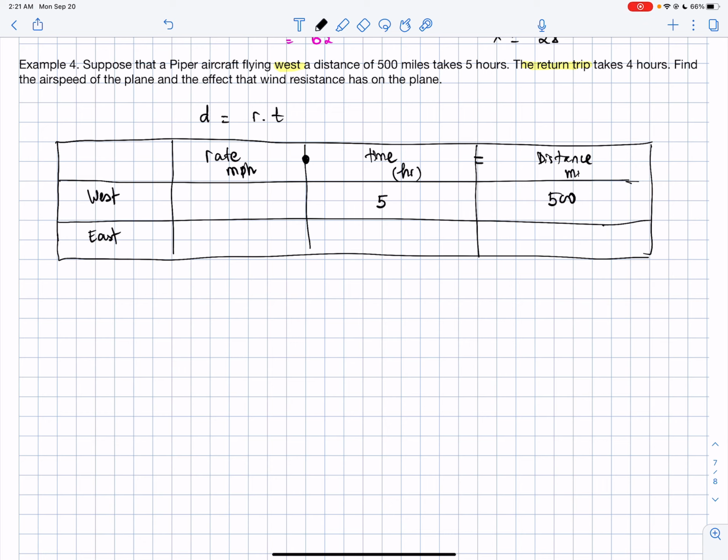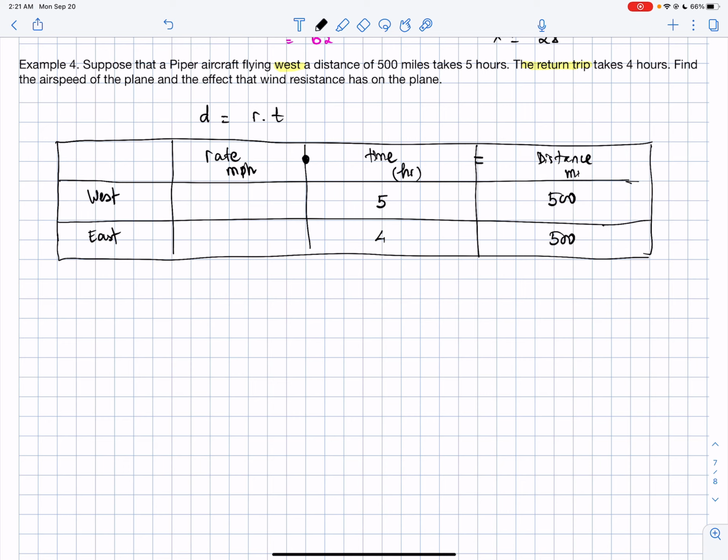And the return trip takes 4 hours. When we go to a place and then return, the distance will be the same. So if it's 500 miles to get there, when we return it will be 500 miles also. And the return takes 4 hours.